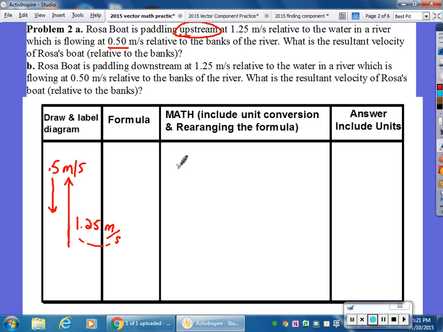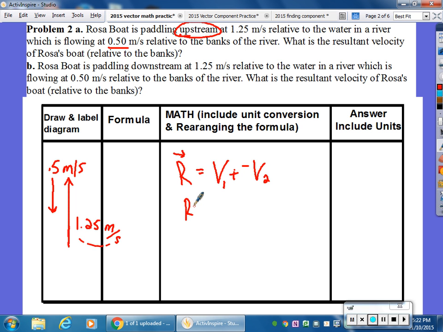So essentially her resultant vector, and you have a formula on your formula chart, just to point that out to you, that says when adding vectors in the same direction, you'll just add the vectors, plus, plus, plus. When adding vectors in opposite directions, which is the case here, you're going to add the vectors, but you need to keep in mind the sign. So basically, this one is the positive one, and then this one is going to be the negative one.